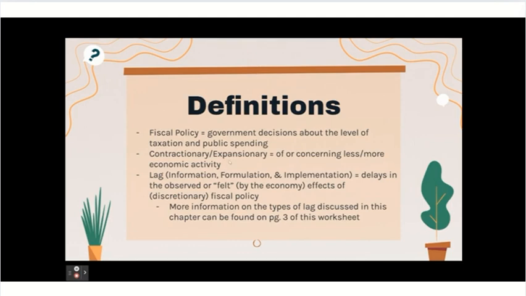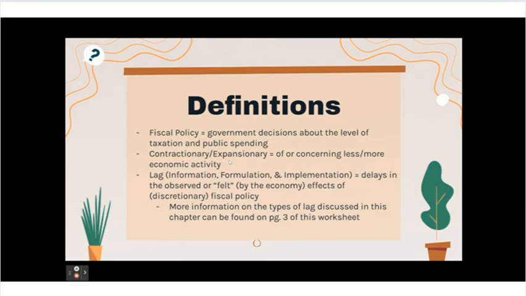And then we have, in general terms, contractionary and expansionary policy. Contractionary is contracting that kind of enlarged economic activity, and expansionary is expanding that really small activity.